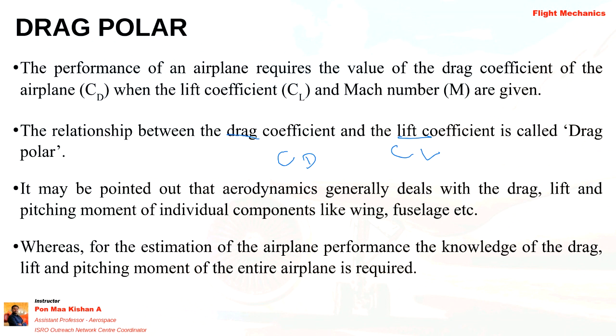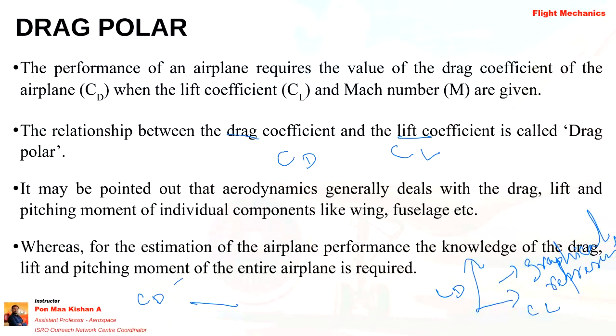Okay. So for this basic, we have to understand if we are drawing a graph between CL and CD, right? This is a graphical representation of drag polar. There is also an equation with respect to CD and CL, and that equation is numerical.